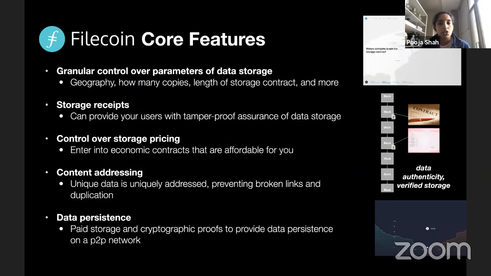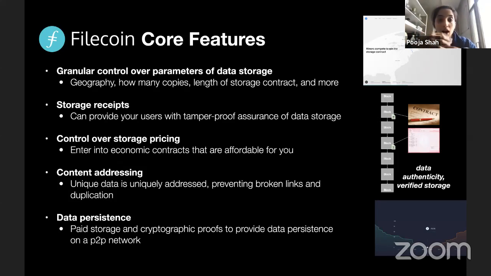Some of the core features that are useful for developers to be aware of in Filecoin, I've mentioned some of these before, but just to summarize quickly. One of the core features is that as a developer, you have really granular control over the various parameters of data storage that you might care about. Today, if you want to use Filecoin for storage, you can choose exactly where you want to be storing your data, so what geographic region the miner is in.